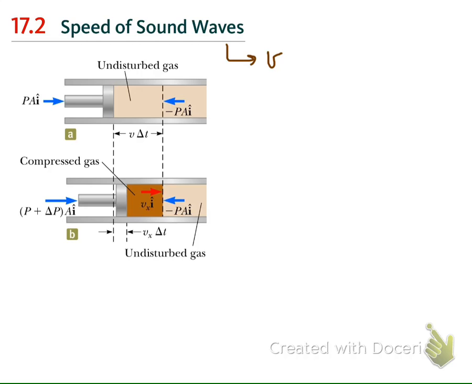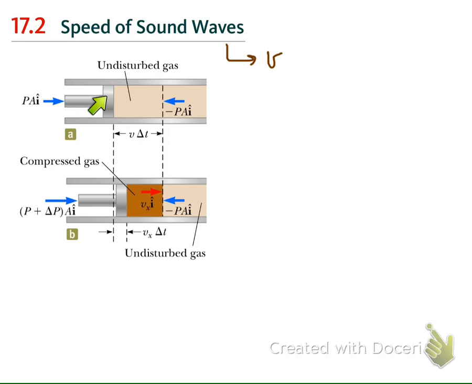And if we calculate the force from the pressure, the force from the pressure on this face is equal to PA i. i is a unit vector pointing to the positive x, here pointing to the right. So PA is the magnitude of the force and i is the unit vector. So PA i is the force on the left.